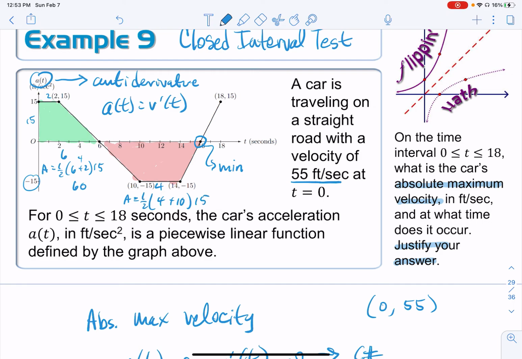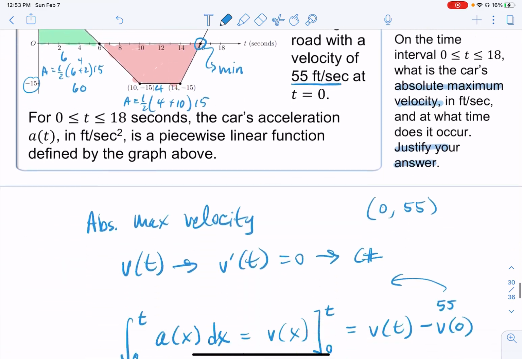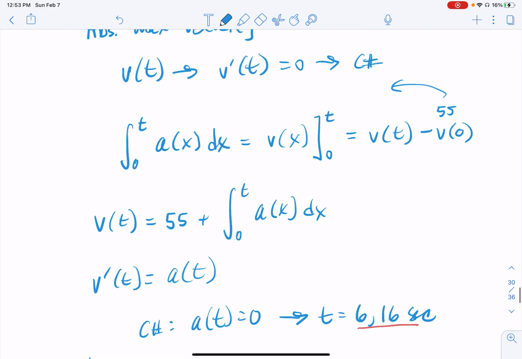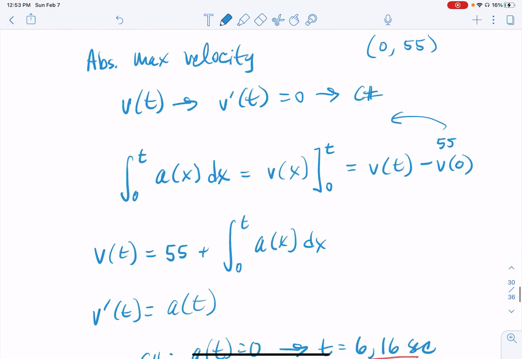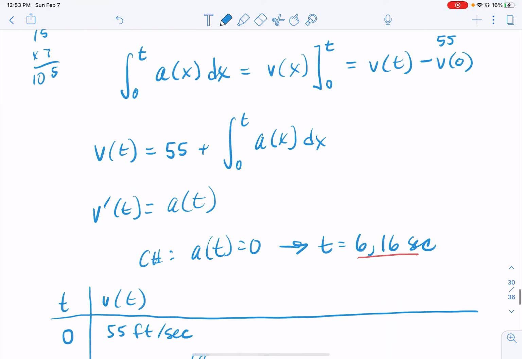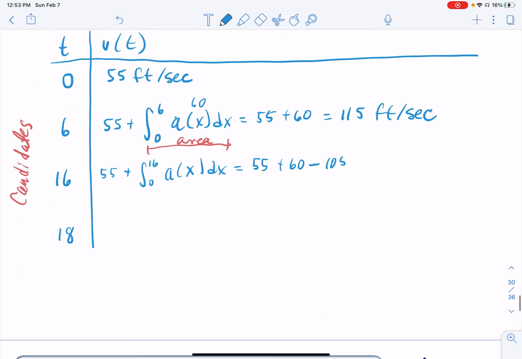Half of 14 is 7, so I need to do some arithmetic over here. I have 15 times 7, which is 105. Minus 105. So we already knew that was 115, minus 105 gives me a total of 10 feet per second. Okay, there we go.